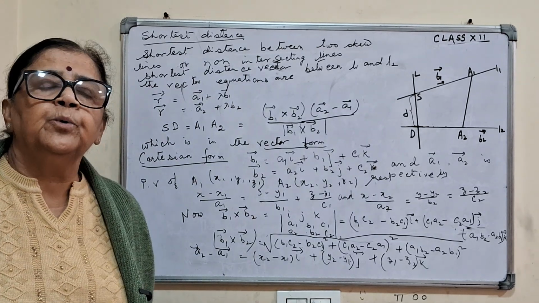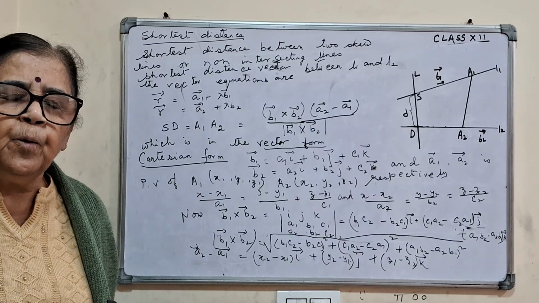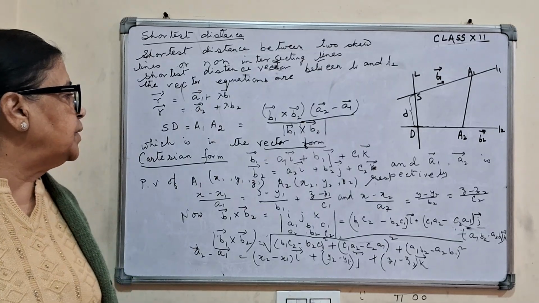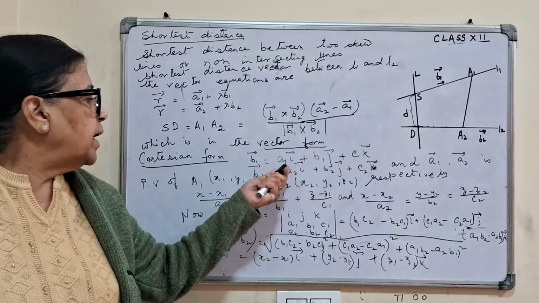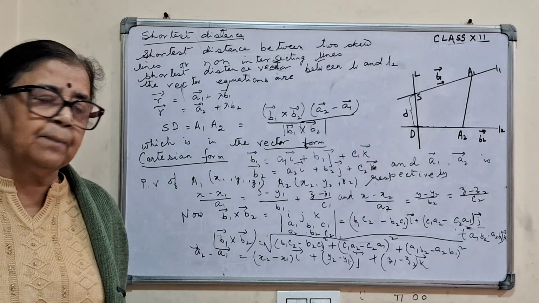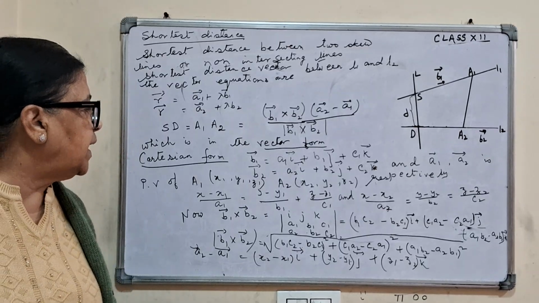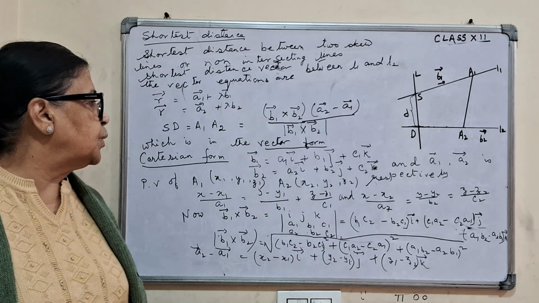Now we will do the Cartesian form, where the points on the two lines are x1, y1, z1 and x2, y2, z2. Here B1 is a1 i cap plus b1 j cap plus c1 k cap, and B2 is a2 i cap plus b2 j cap plus c2 k cap.